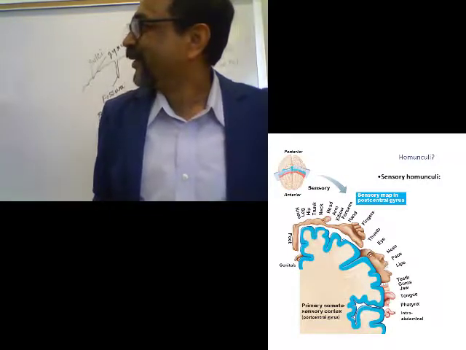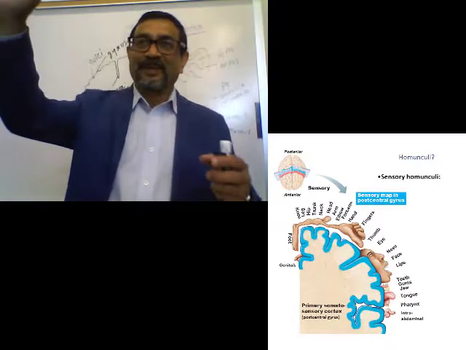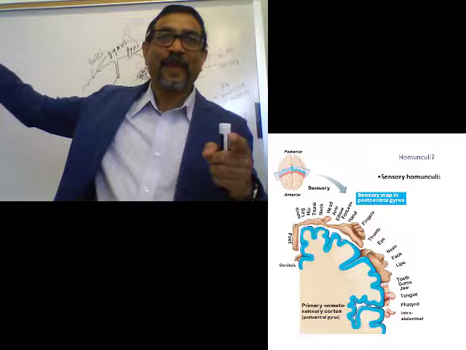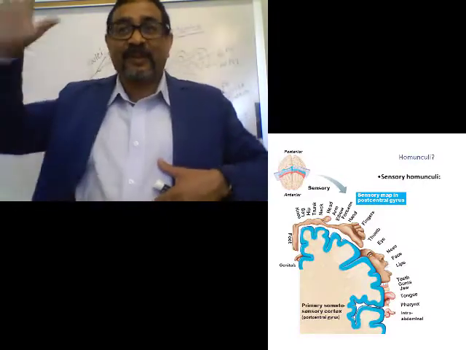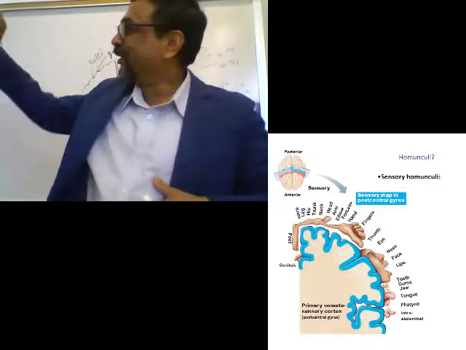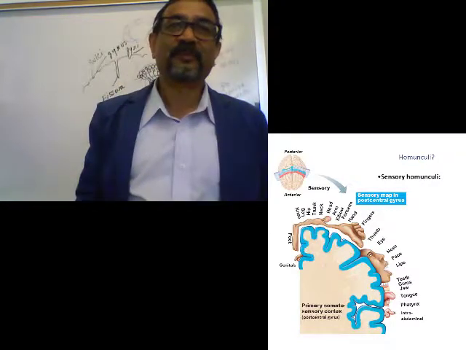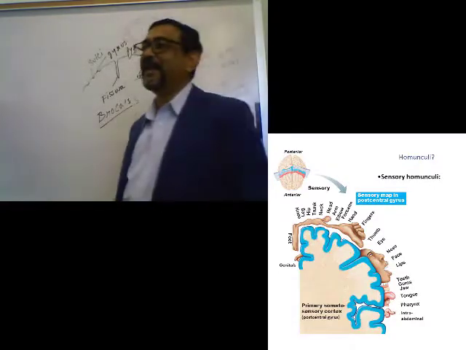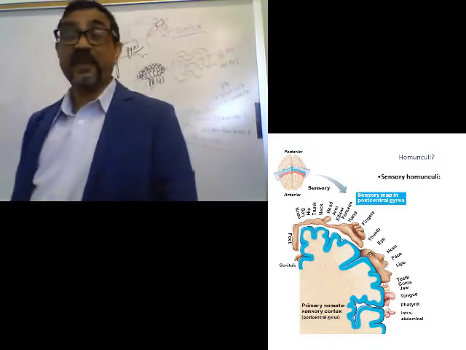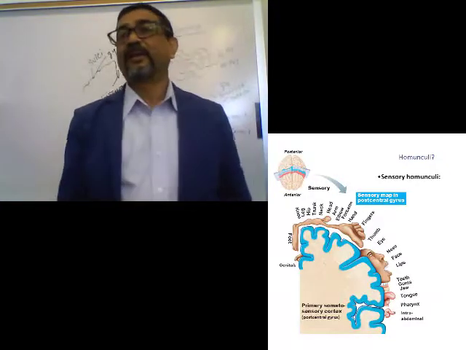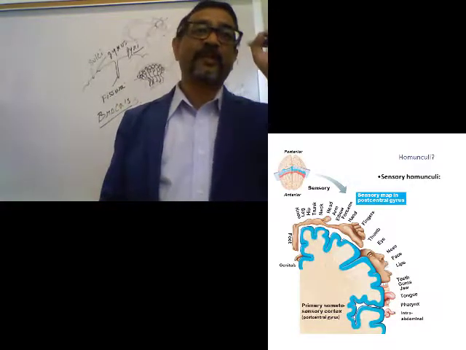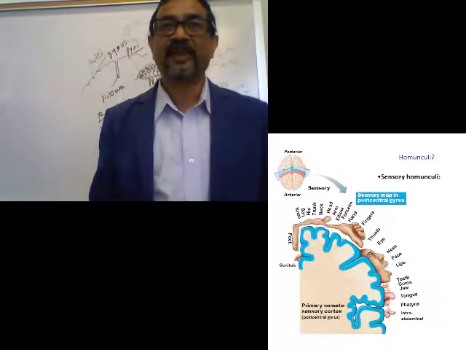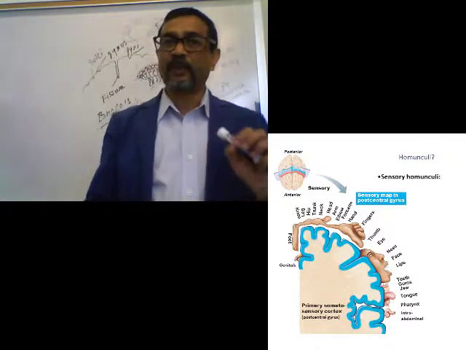Because your hand is represented in a big area in that map. But the trunk, although it is actually much bigger than your hand, is in a smaller area. Your foot is in a big area, but thigh or leg are not. That's why your face is in a big area. That's why it is a disproportionate body map in the primary somatosensory and primary motor cortex. So I'll say homunculi are disproportionate body maps.